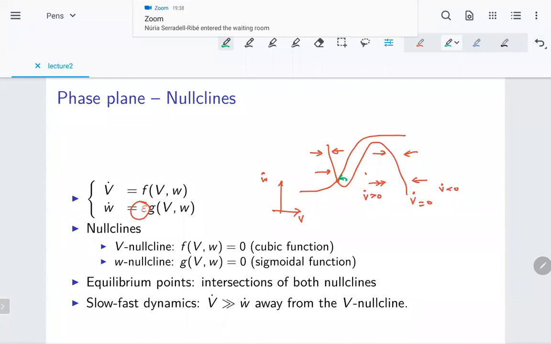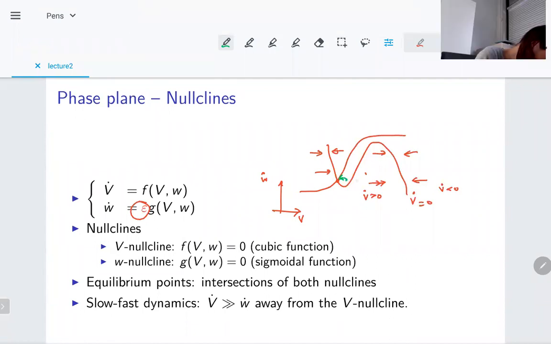But if we increase the voltage by a higher value and we lie in this region here, the dynamics pushes us towards this direction until we reach this slow manifold, and then the trajectory slides down along the slow manifold until it reaches this right knee, and then the dynamics pushes us back here, and the trajectory relaxes back to the equilibrium.